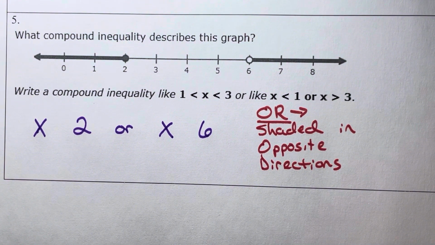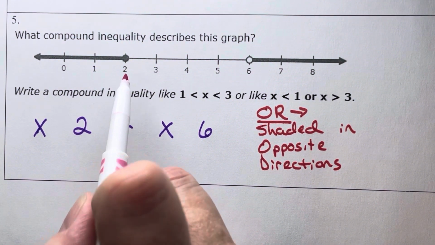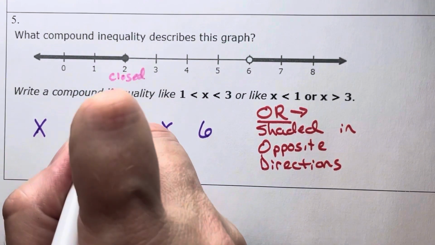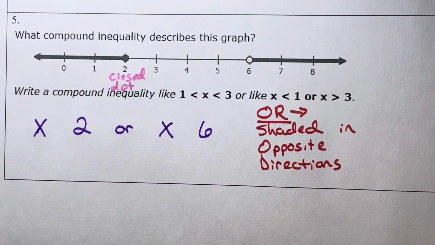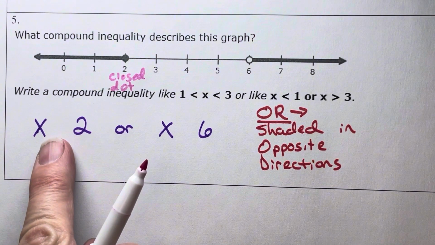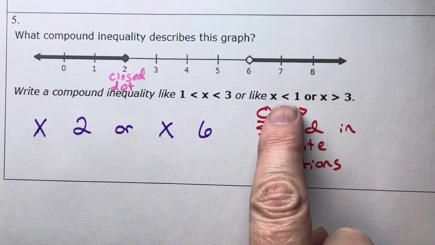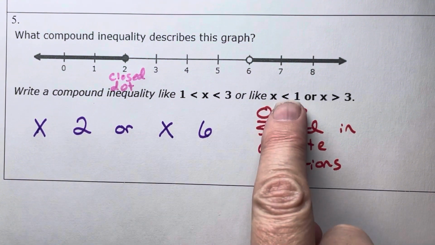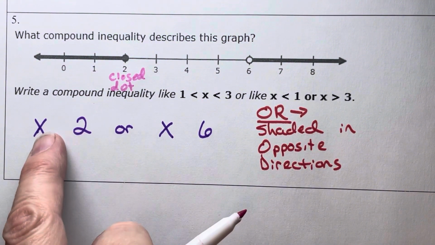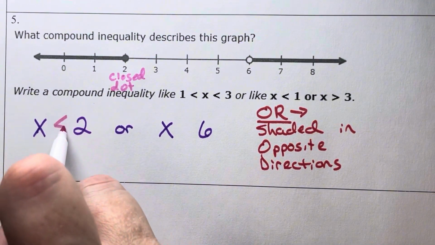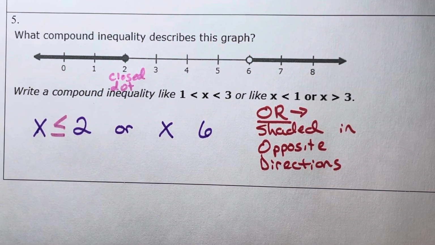Okay. So this 2 is a closed solid dot. And our first piece of the inequality always uses a less than to go with it. So this is going to be a less than or equal to, because it is a closed solid dot.